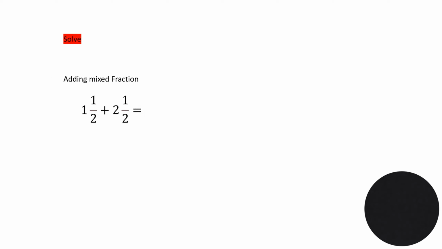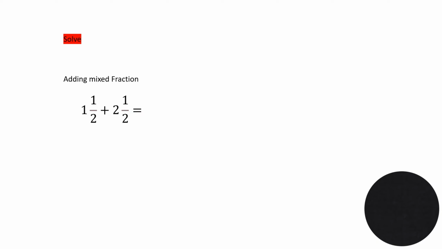Next, we're going to try to solve a mixed fraction by adding, right? So we have 1 1/2 plus 2 1/2. This one is very simple, guys, because as you can see, the denominators are the same. But first, we're going to add the whole numbers, which are 1 and 2.